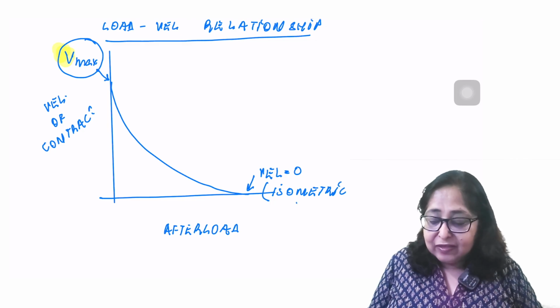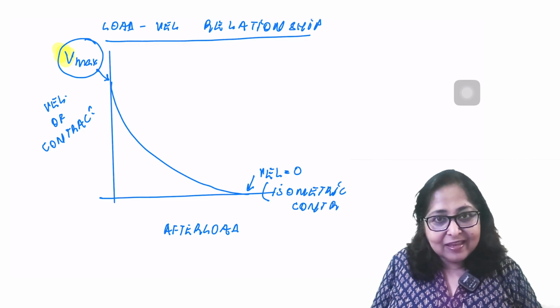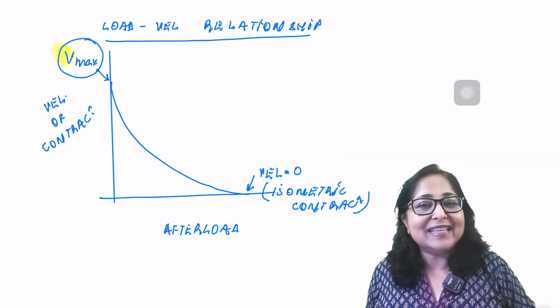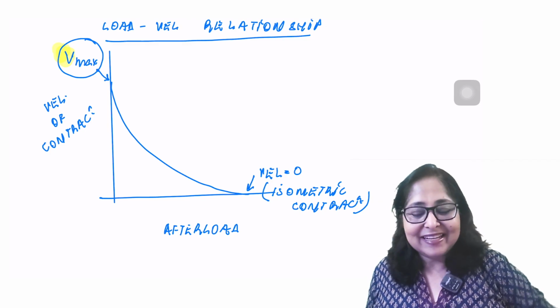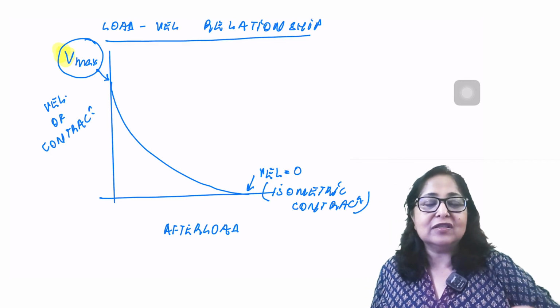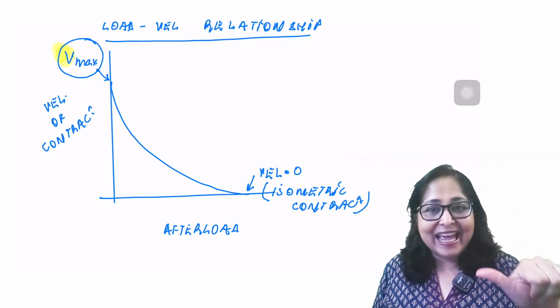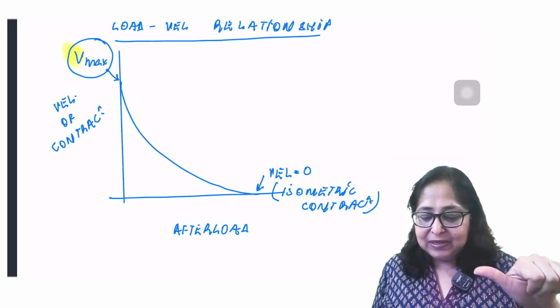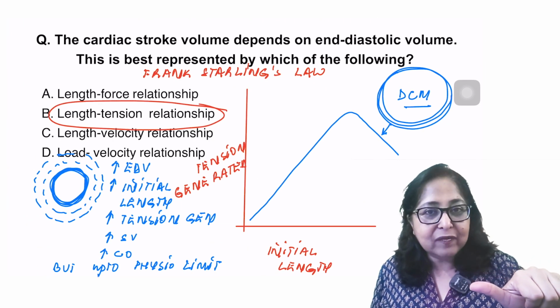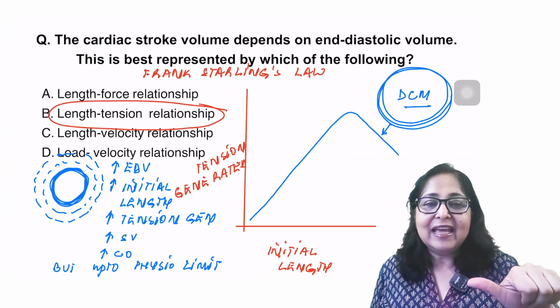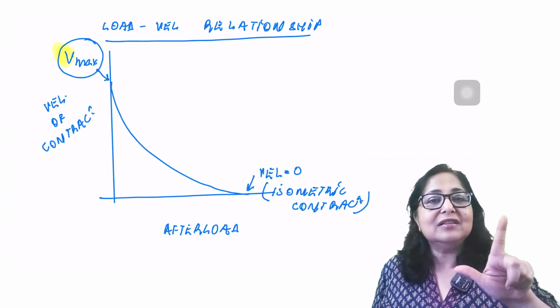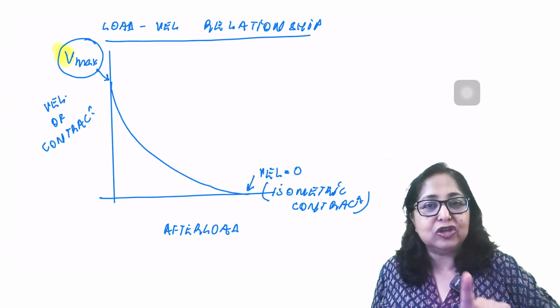That means there is no change in length, but there will be an increase in the tension. So this is load-velocity relationship. So 2 important relationships I've discussed with you. Length tension, where we discuss the effect of end diastolic volume on the initial length. And the second one I've discussed with you is load-velocity relationship.